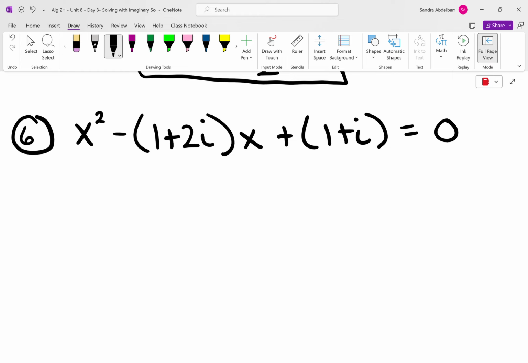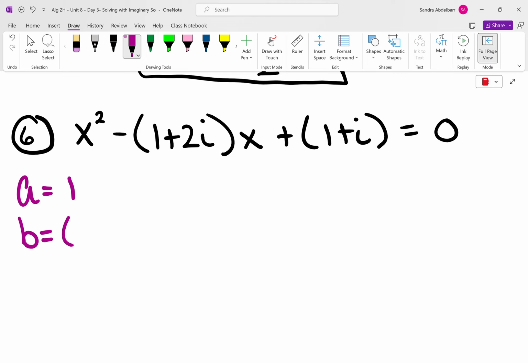Philip? Yeah, as long as it's a quadratic equation, we can use the quadratic formula. So can I use the quadratic formula here? Absolutely. If that were a degree of 4, would I be able to use the quadratic formula? No.